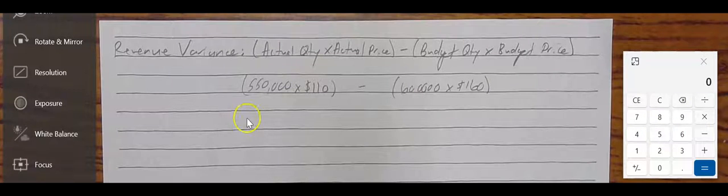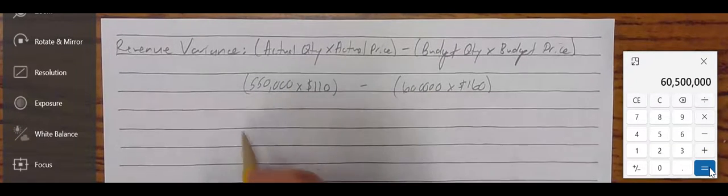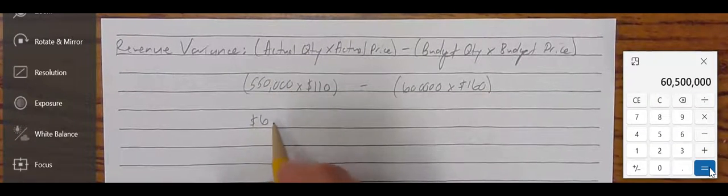Let's see what we have here. Starting right here first, 550,000 actual units at an actual sales price of $110 gives us 60,500,000.